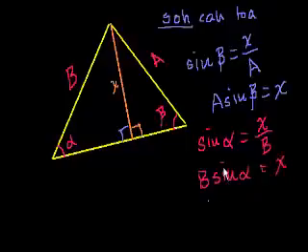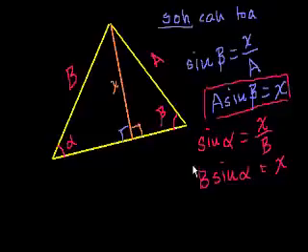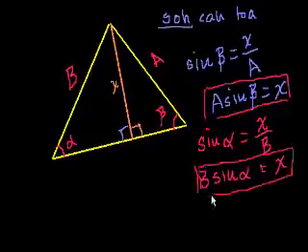So now what do we have? We have two different ways that we solved for this x that I dropped down from this vertex. A sine of beta is equal to x, and B sine of alpha is equal to x. Well, if they're both equal to x, then they're equal to each other. So let me write that down.